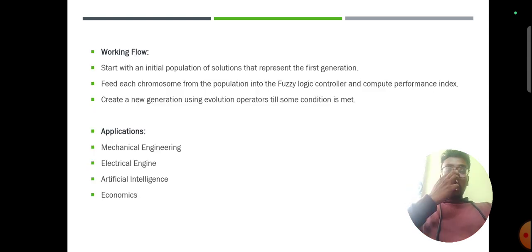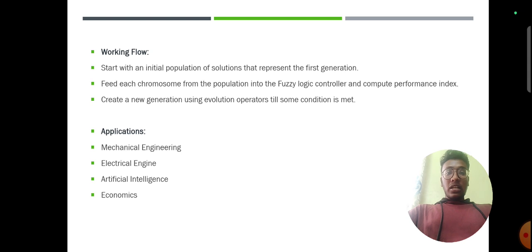So these are the main three approaches, and the workflow is given here. Start with an initial population of solutions that represents the first generation. Feed each chromosome from the population into the fuzzy logic controller and compute the performance index. Create a new generation using evolutionary operators till some condition is met.